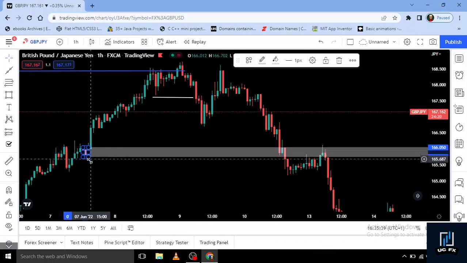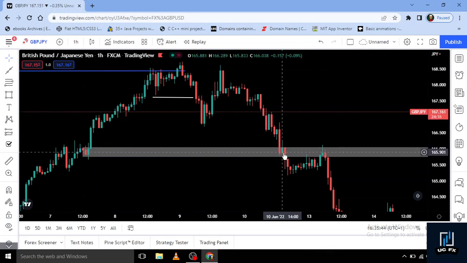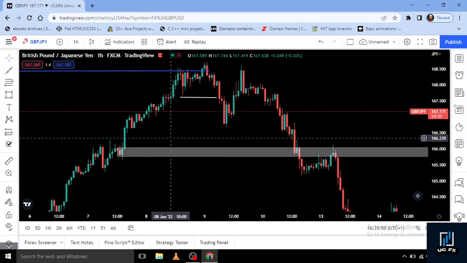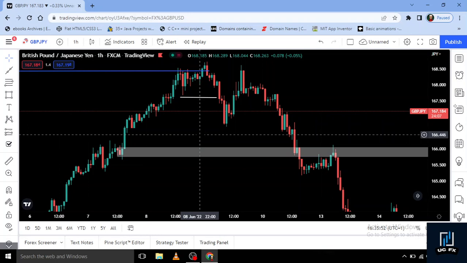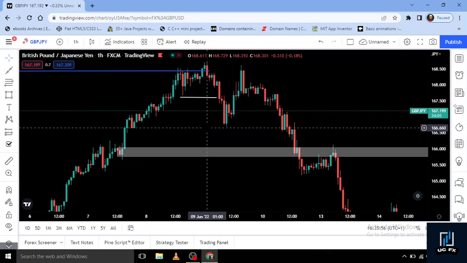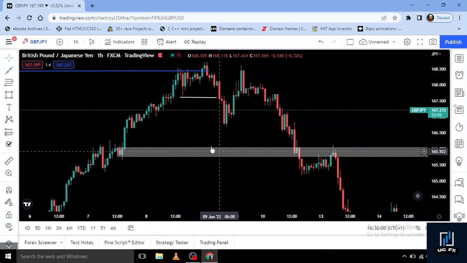You'll be wondering why this area didn't react when the market came into it, why this order block didn't work. I will be talking about all of this in the next video, how to find order blocks that have high probability setups that will eventually work while you are trading.